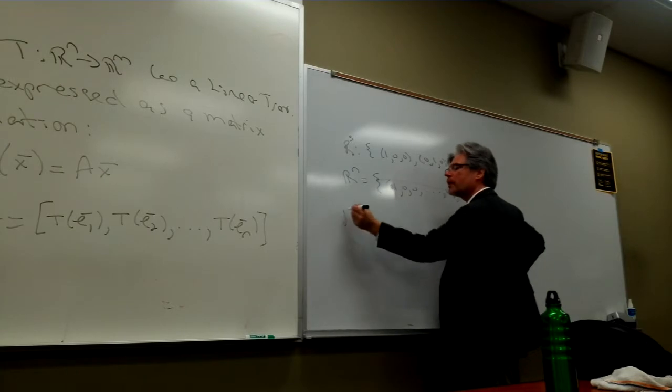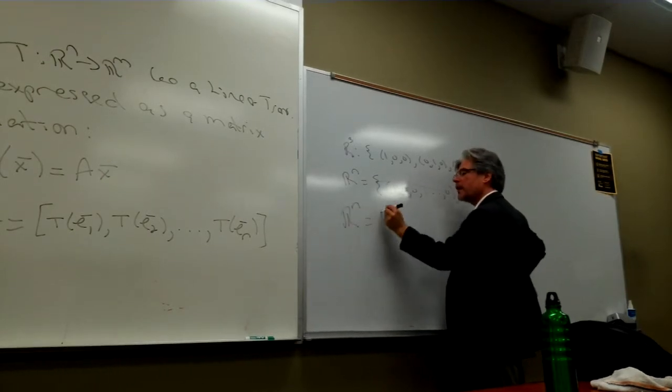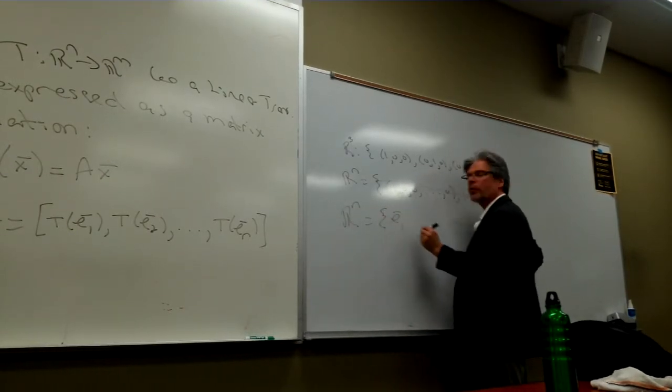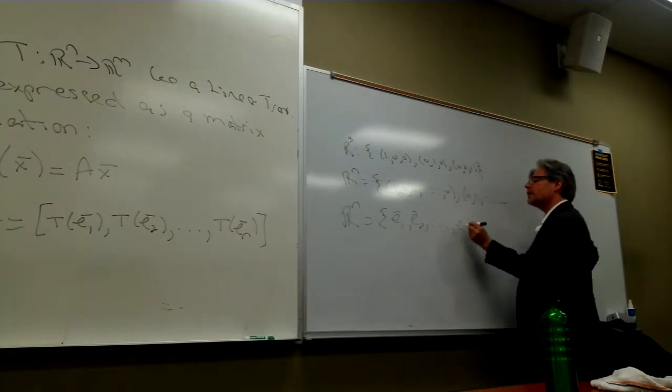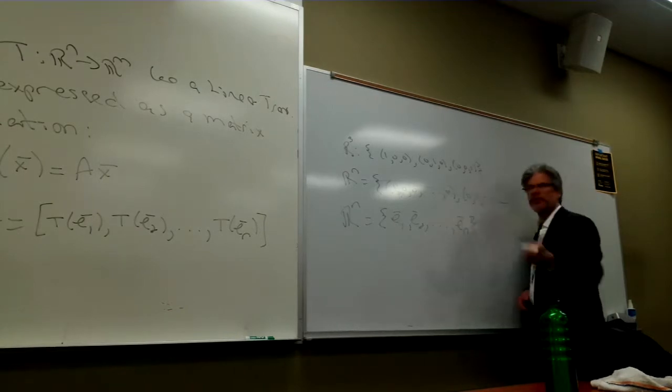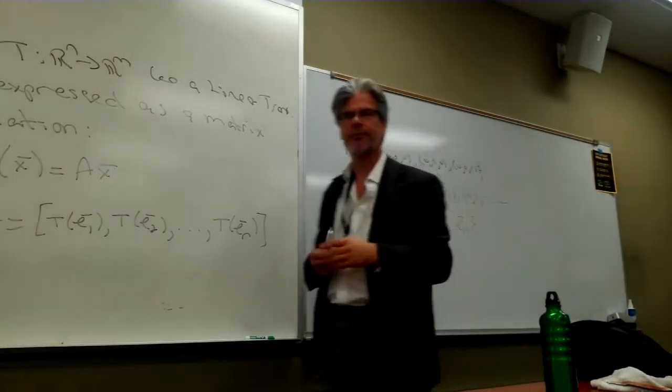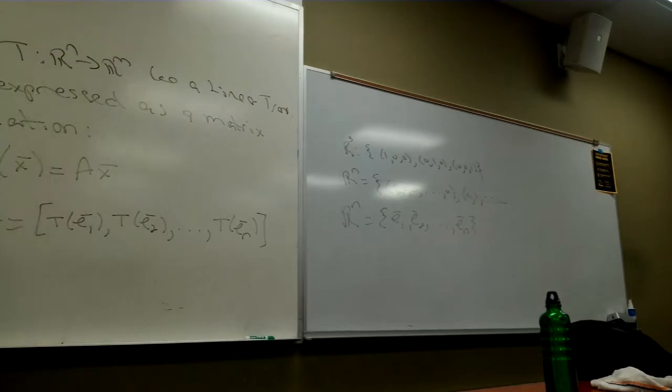And I simply think of Rn, or at least its simplest basis, as containing entries like E sub 1 bar, E sub 2 bar, all the way down to E sub n bar. In other words, E sub 1 is an n-tuple with 1 in the first slot, 0s everywhere else.